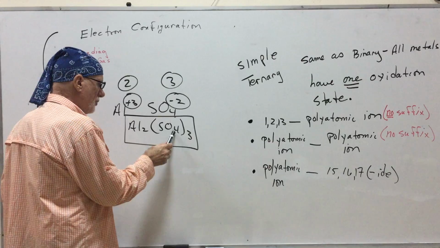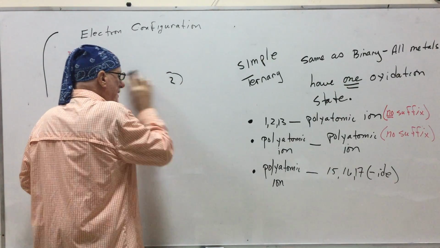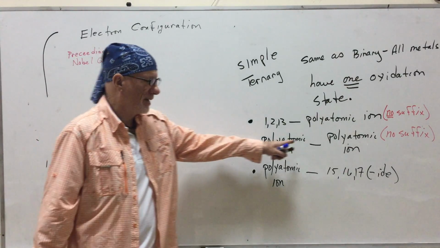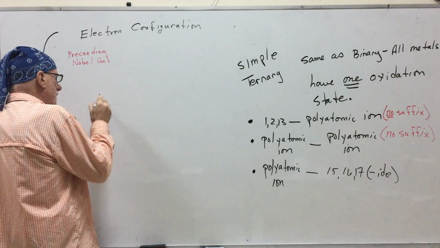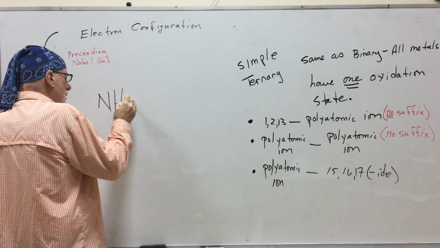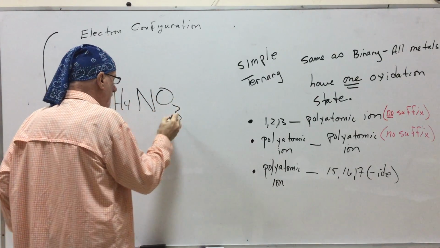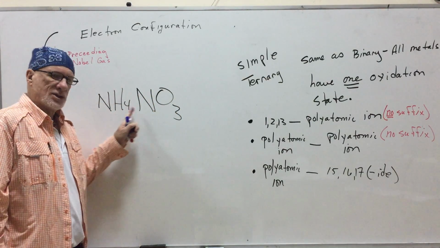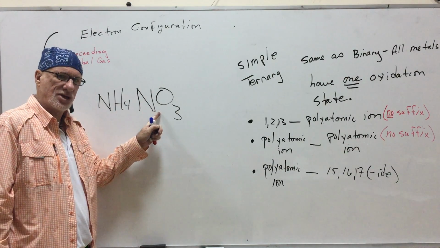Ternary, 3 different atoms. Okay, next. 2 polyatomic ions, no suffix. For instance, the most common positive one, ammonium, and let's be simple, ammonium nitrate. Plus 1, minus 1. Ammonium nitrate.